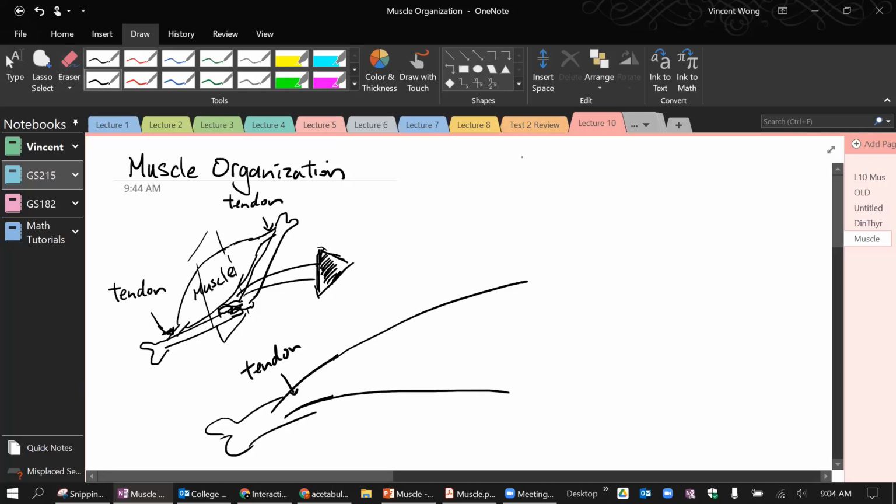I'm going to cut it open so we can see the cross section. I'm going to give you a moment to catch up. I hope you're drawing this, other than just watching.